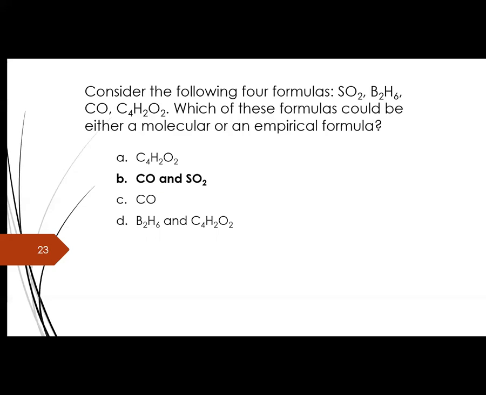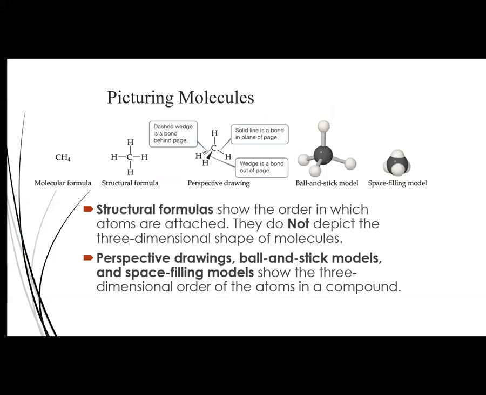Now, when you picture molecules, there's several different ways to do it. One of them could be our formulas. Other times we start to draw them out in terms of our structures or our 3D ones. This is going to be something that we will continue to work on throughout the class. So you don't have to worry about how they're all connected now. We're just starting with this first one.